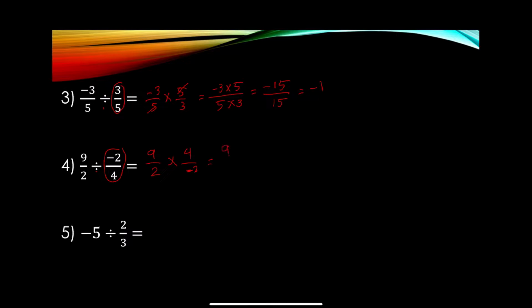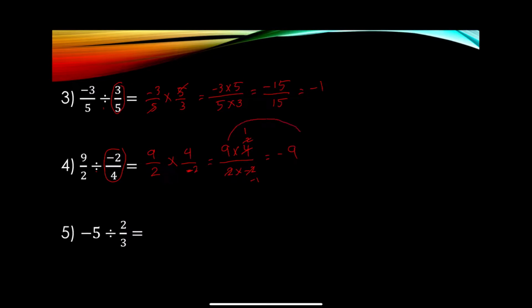So it's 9 times 4 divided by 2 times negative 2. Actually, I can do the following. 4 will be cancelled with this since it is 2. So it's divide here and here, negative 1 and 1. So it's 9 times 1 divided by negative 1, which is negative 9.